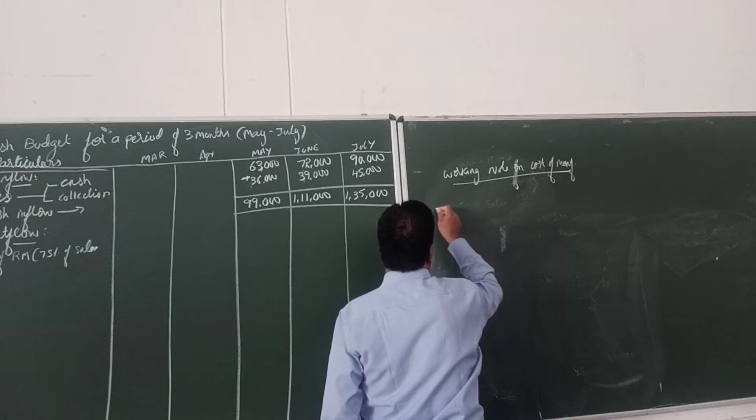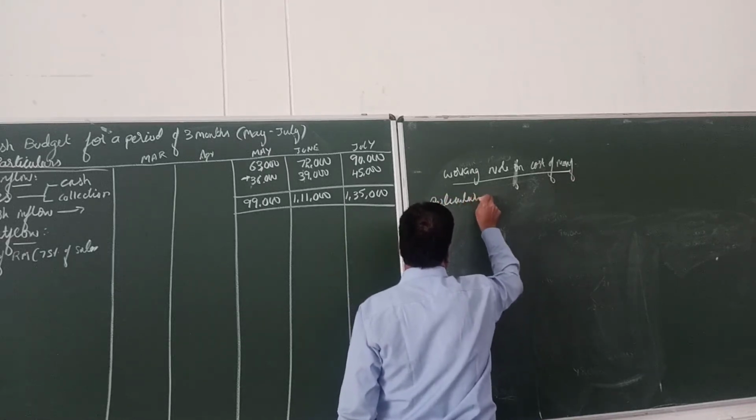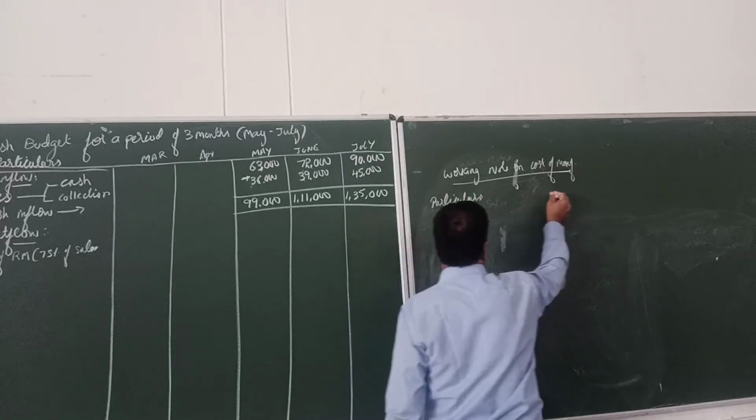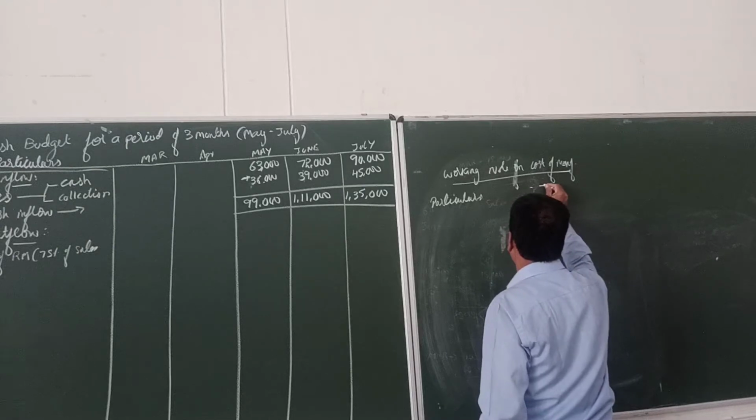Okay. So we have particulars. Particulars, then we have months from, it starts from January, no?